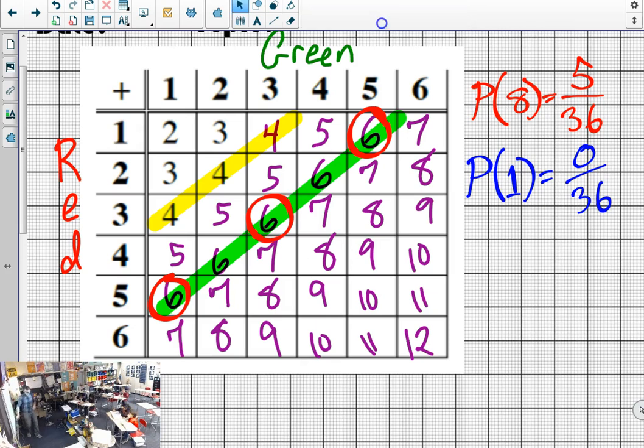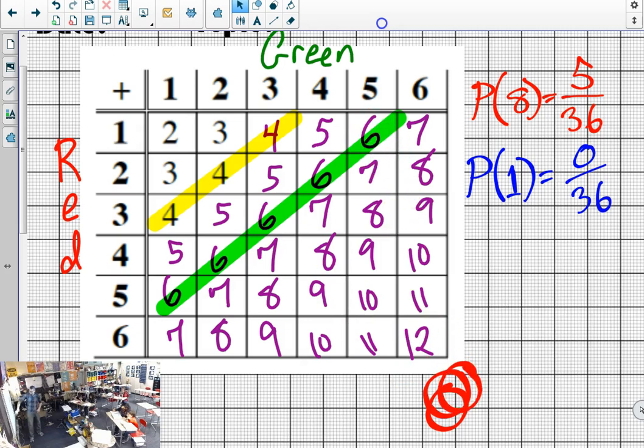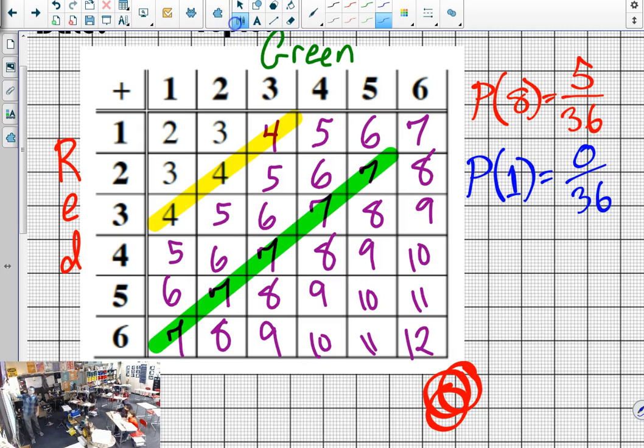Ella, what do you think? Why do you think that is? Yeah, I agree that there are more 7s than any other number, but why are there more 7s than any other number? Okay, why is it in the middle of the grid?